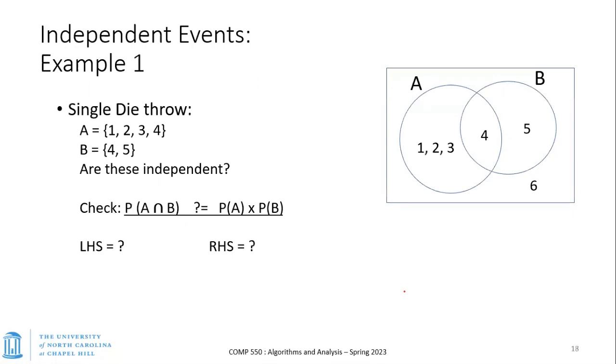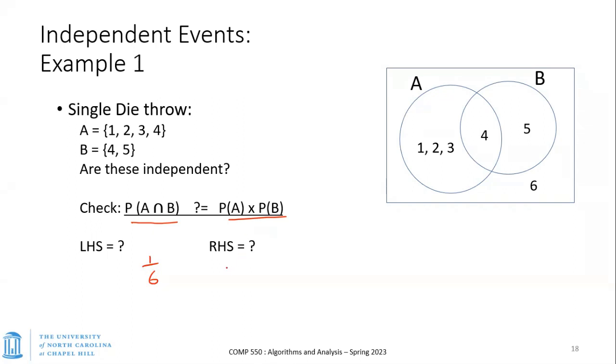Let's say again we go to our favorite example of throwing a single die. A is equal to 1, 2, 3, 4, and B is equal to 4 and 5. Are these independent? How do we check independence? We ask: what's the probability of A intersection B, and can that be written as a product of these two? A intersection B is clearly 1/6.